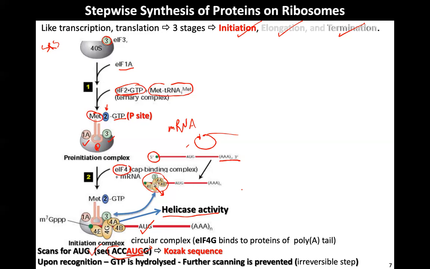Once the initiation complex recognizes the start codon, you can see here that these are bound to GTP. So the GTP will be hydrolyzed to stop further scanning of this complex. Because once the AUG is recognized, the small ribosomal subunit understands this is the start point of translation, so it doesn't need to do further scanning. By the hydrolysis of GTP, the process of scanning becomes irreversible.